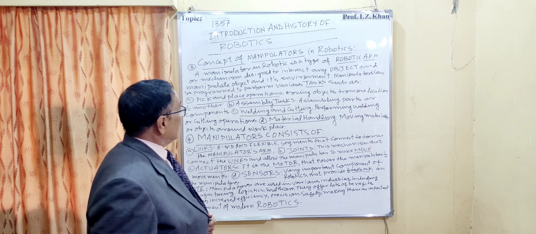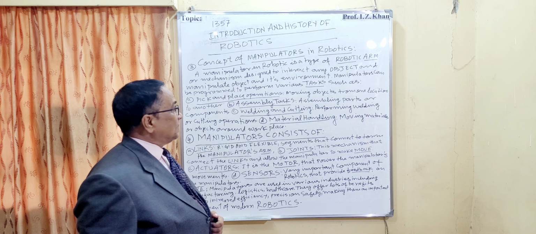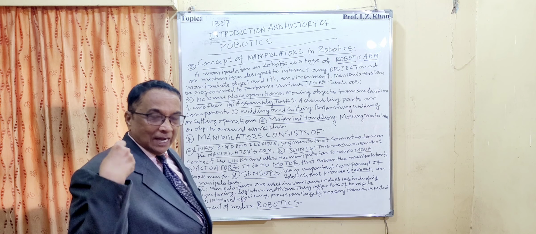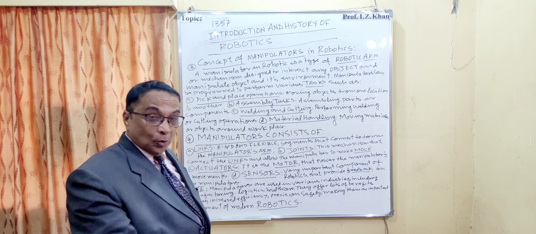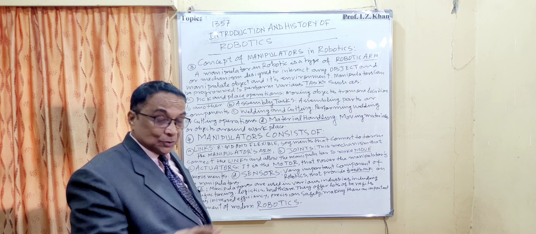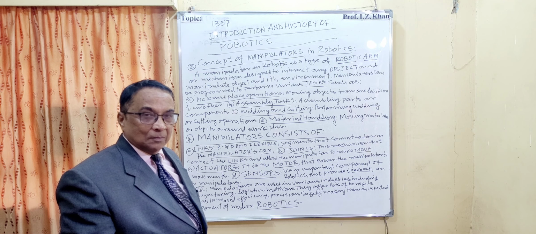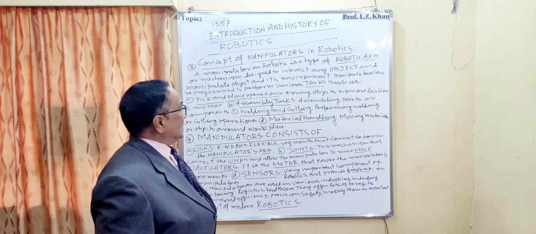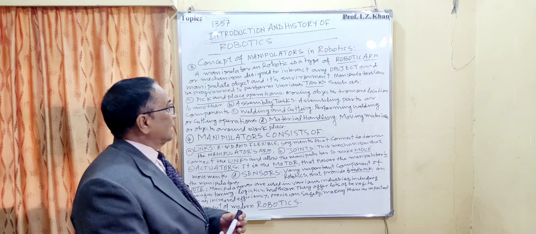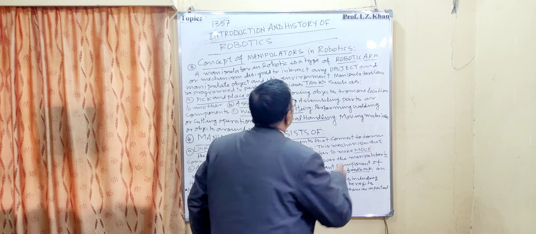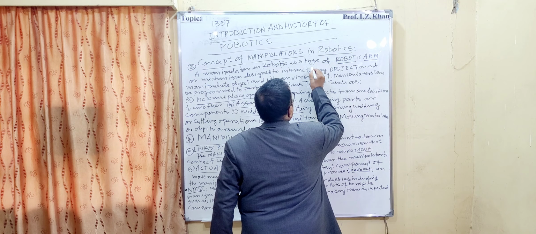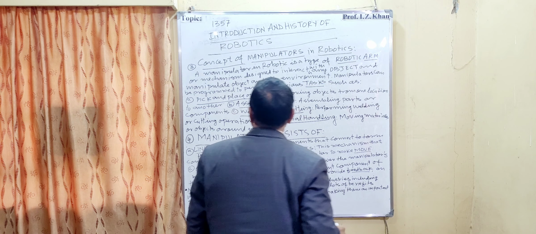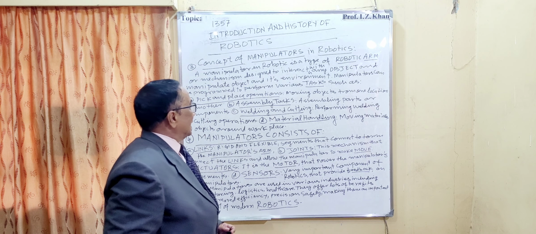A manipulator in robotics is a type of robotic arm. Just like a human arm, I have my hand, this is my arm. So robots have their arm also. That arm is called a manipulator, or a mechanism designed to interact with any object and manipulate the object and its environment.